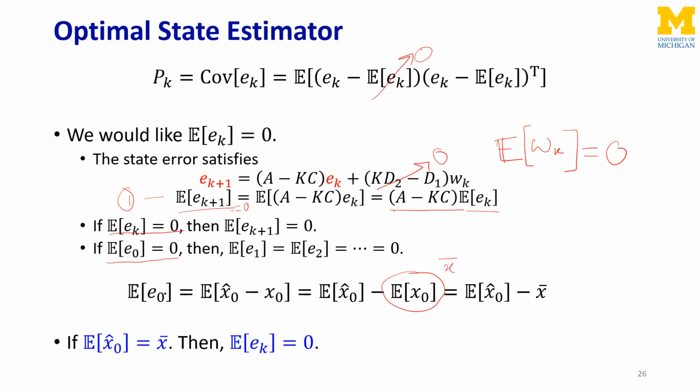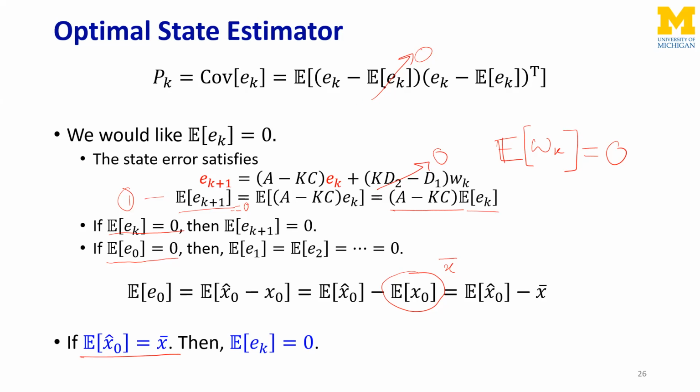To make the expected value of E naught 0, all I need to do is set these two terms to 0. So the point is that if the expected value of the initial state x naught hat is x bar, then the expected value of E_k for all values of k is going to be 0. This fact is going to allow us to simplify this expression.